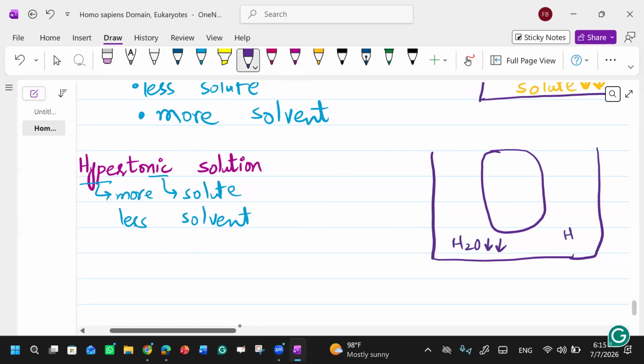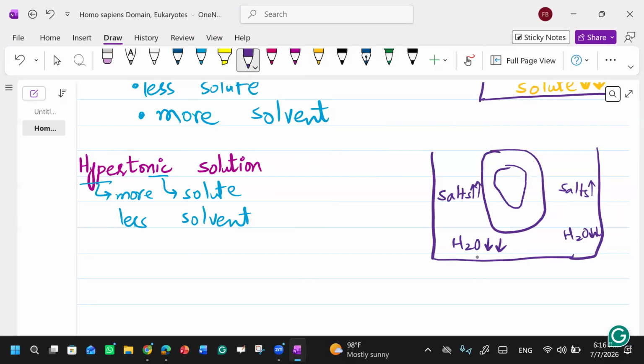Okay, there is less water, but inside there is more water. Are you clear with this? Hypertonic means that there is more solute. Salts are more in this solution. Salts are more, it means water is less.